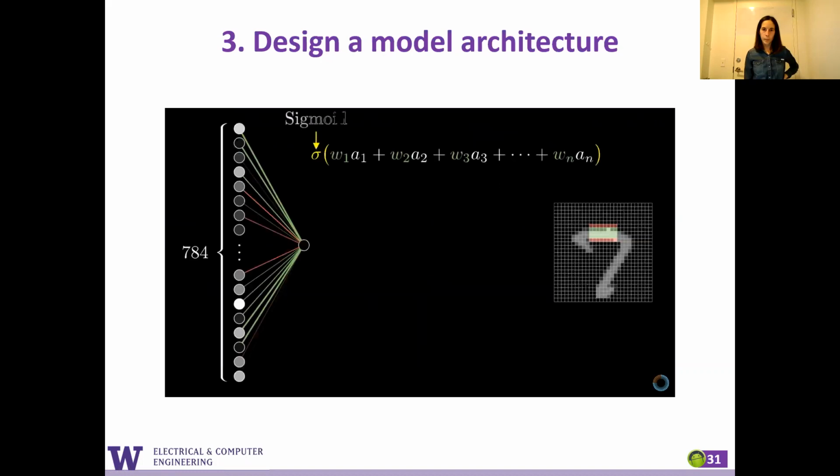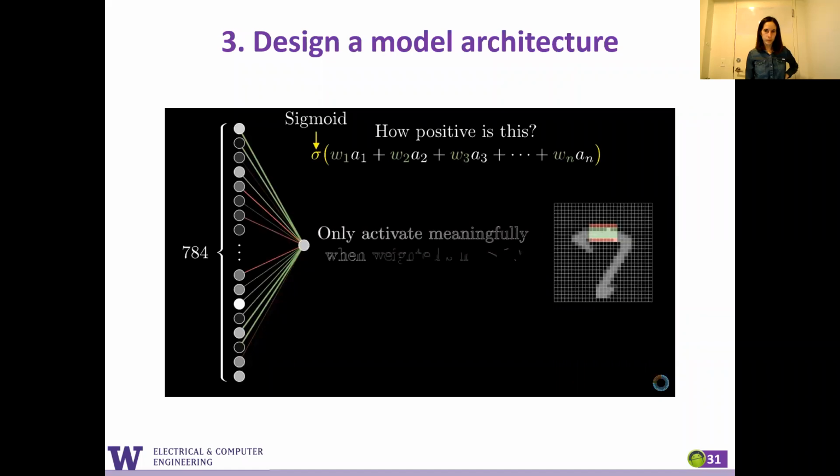So the activation of the neuron here is basically a measure of how positive the relevant weighted sum is. But maybe it's not that you want the neuron to light up when the weighted sum is bigger than 0. Maybe you only want it to be active when the sum is bigger than, say, 10. That is, you want some bias for it to be inactive.